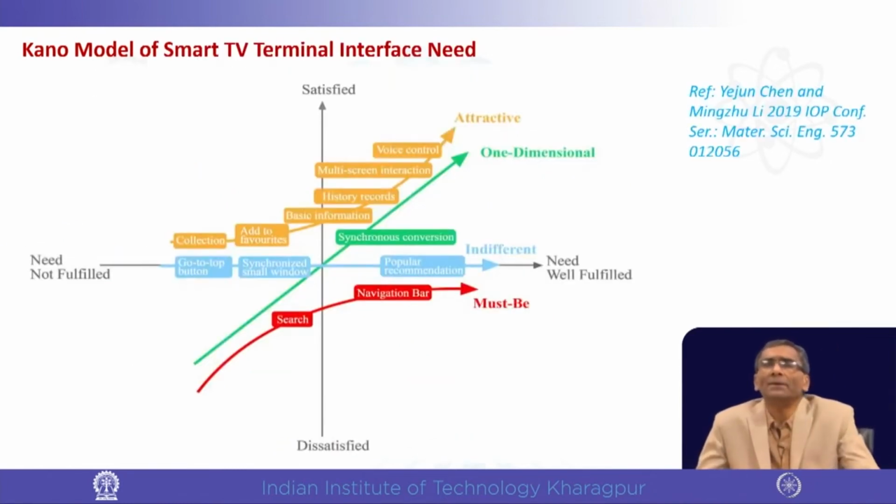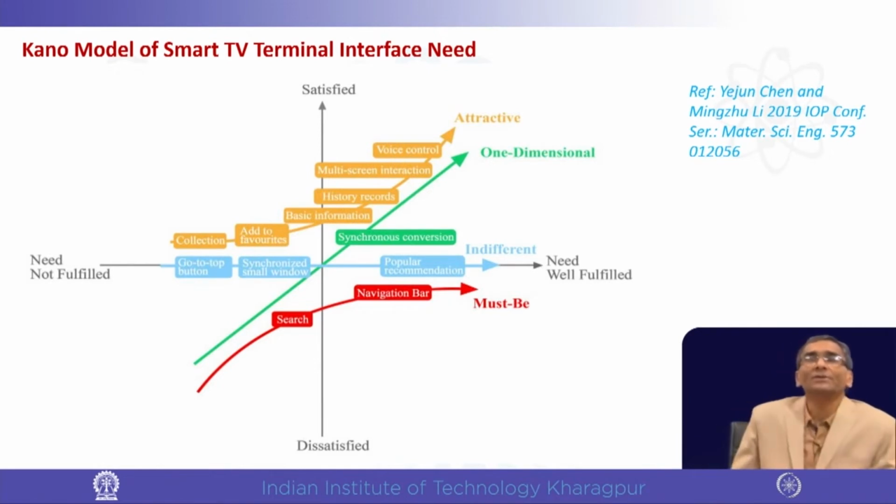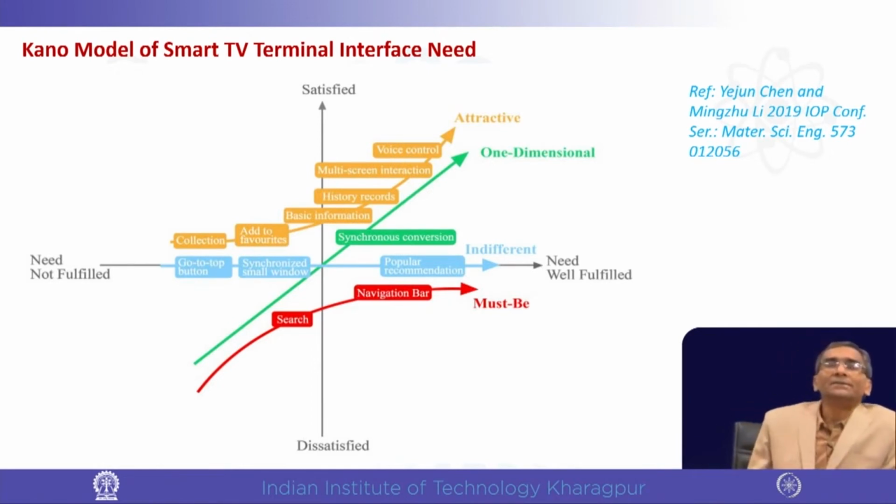This is another example, as I had given the example with a car. In that model, if we superimpose this example from a literature paper, which is mentioned in the right hand corner, you will find that the search or navigation bar is a must-be or must-have kind of thing.